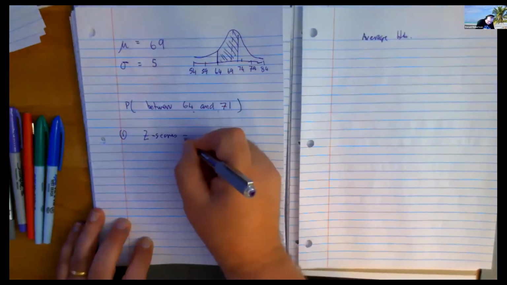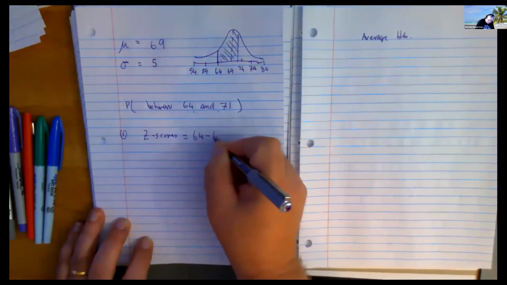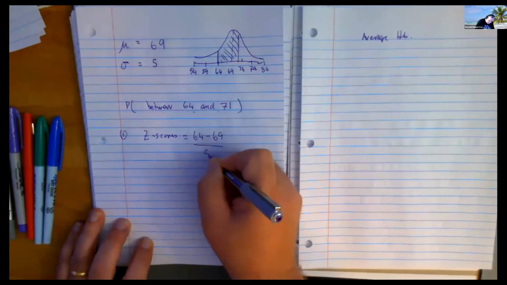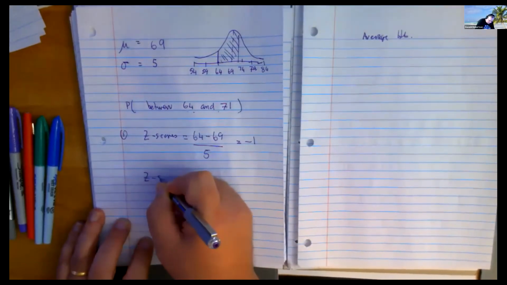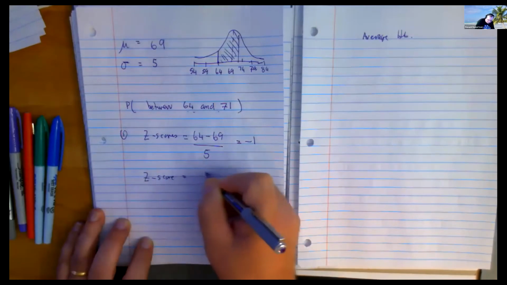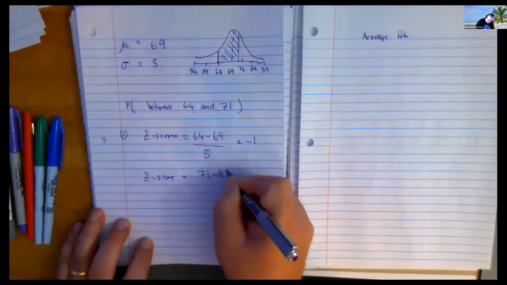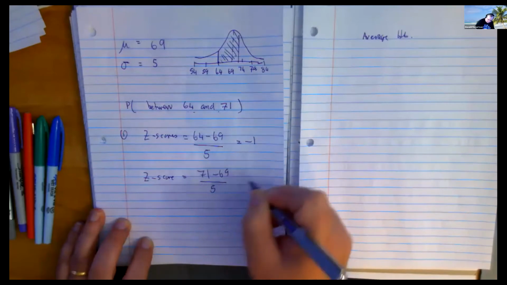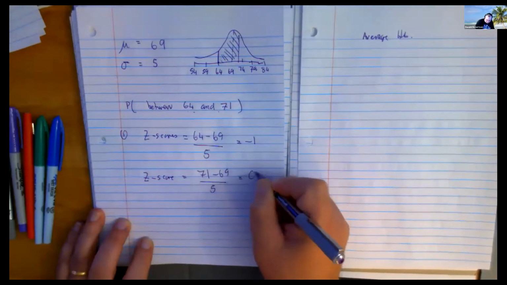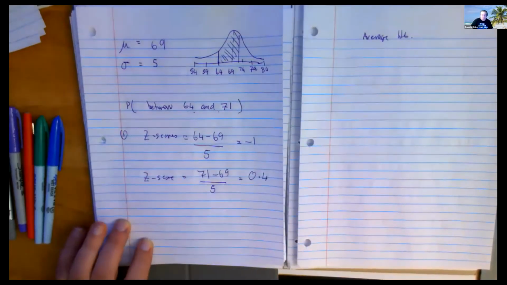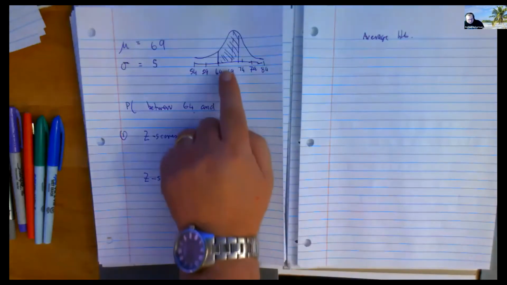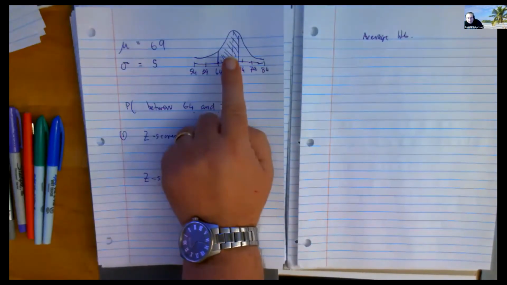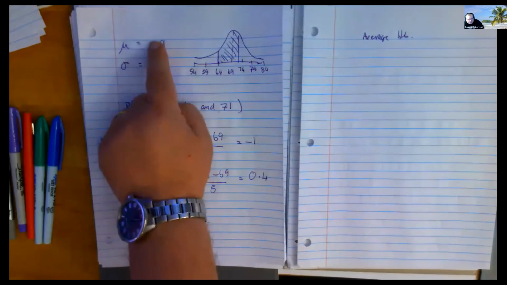So this one here will be 64, take away 69, divided by 5, and we get the answer -1. And the other one's z-score, he's going to be 71, take away 69, divided by 5, and I believe the answer is 0.4. Now, imagine this is a midterm question. It would be really cool for you to draw this and to tell me these.